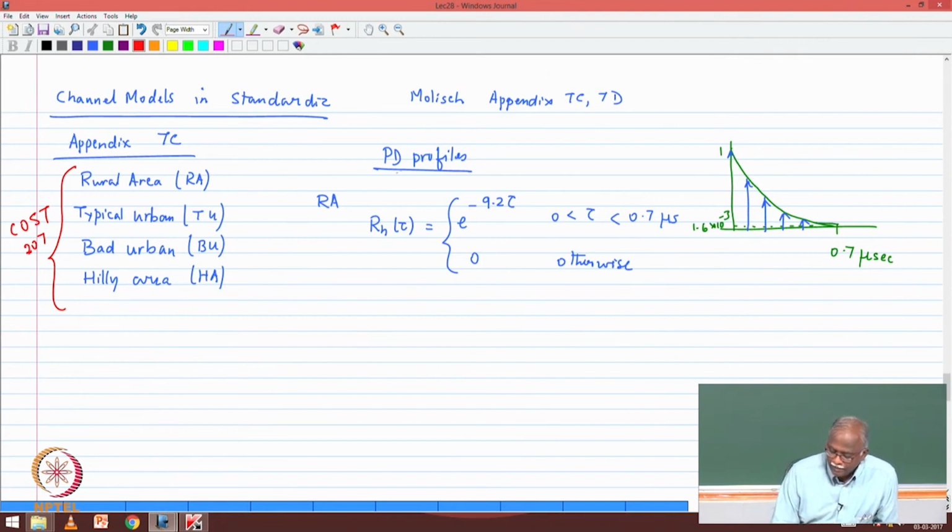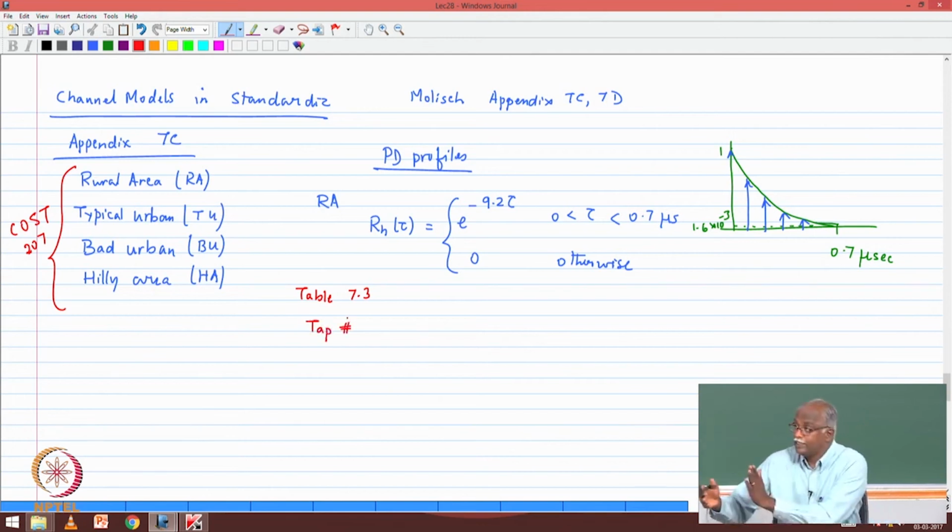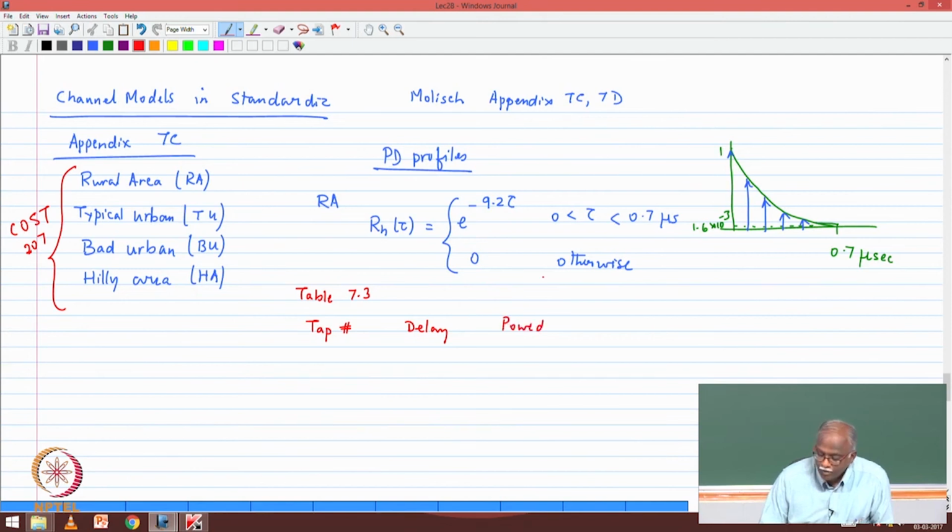Now, they have classified it in terms of a power delay profile. You can also see in Molish chapter 3 there is a table 7.3 which has the following. It says you can define it in terms of a discrete time, discrete model, tap number, delay and the power in dB.